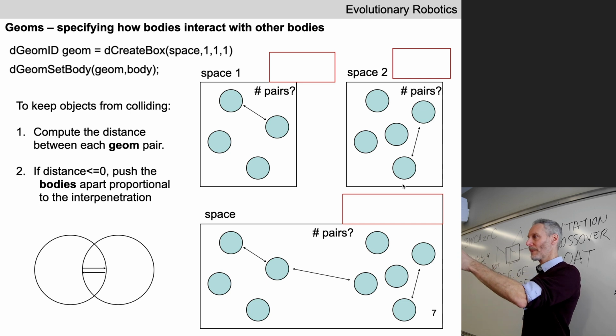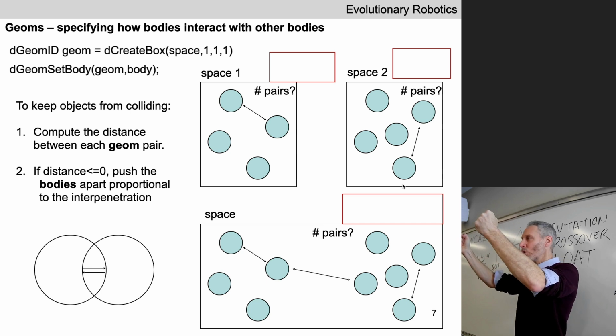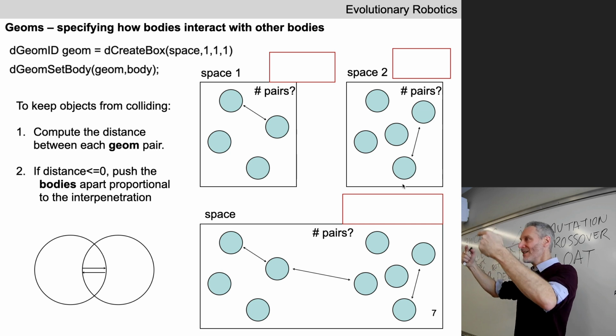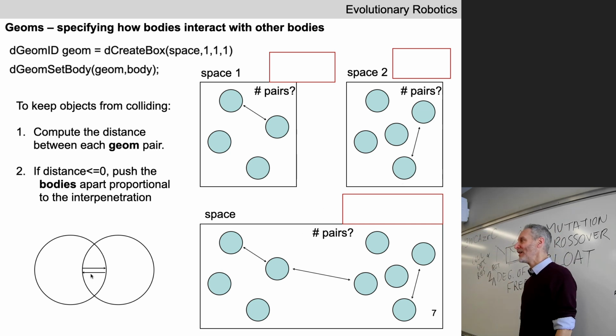Not too tricky. If the centers are within the combination of the radii. If the two centers are at the same distance or closer than the two radii of the two objects, they're in collision, or they've passed collision and they've interpenetrated one another. Usually a no-no in a physics engine.